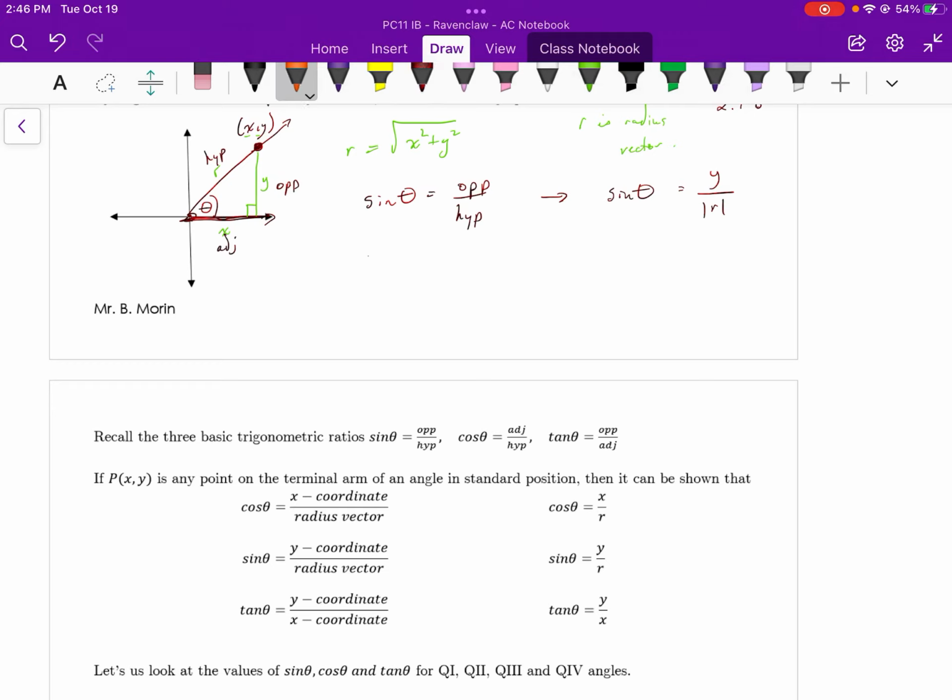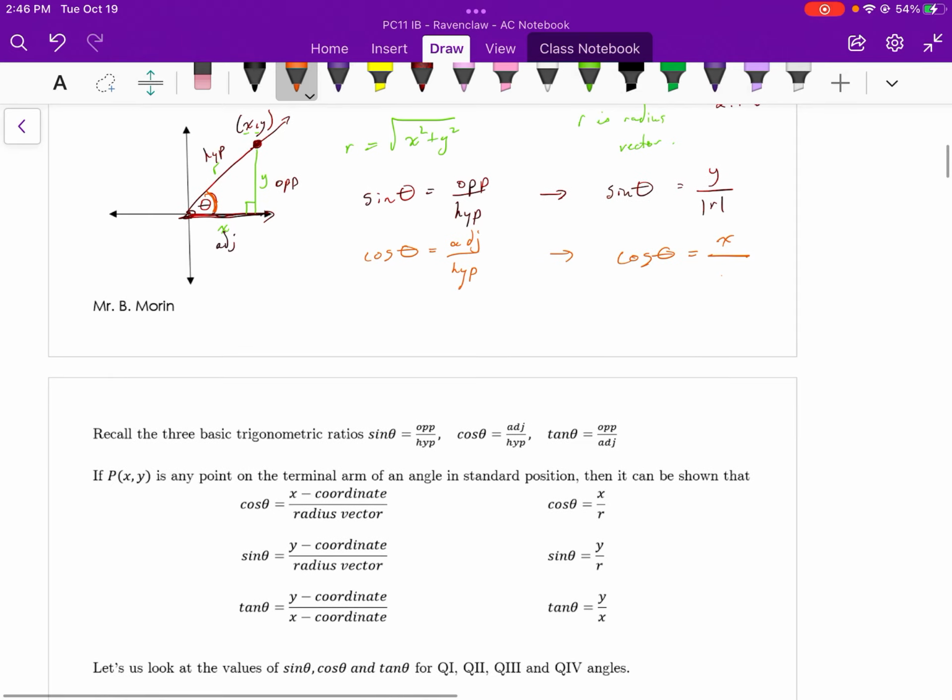Now switching colors. Cosine theta is equal to the adjacent over my hypotenuse, by definition. Looking with respect to theta, my adjacent is x. So cosine theta is going to be equal to x divided by my hypotenuse, and in the triangle that I wrote, it is going to be divided by my radius vector r.